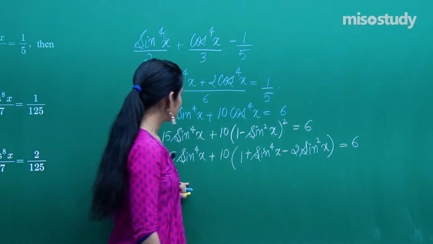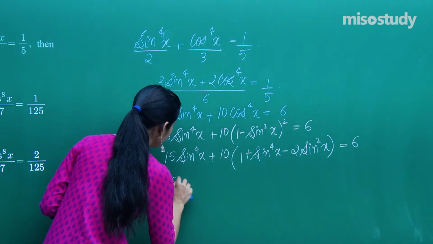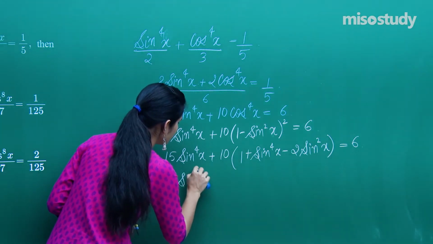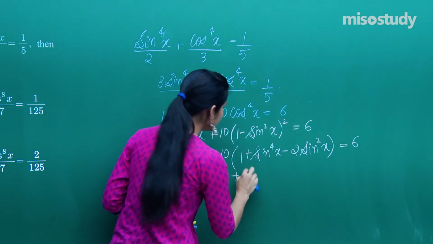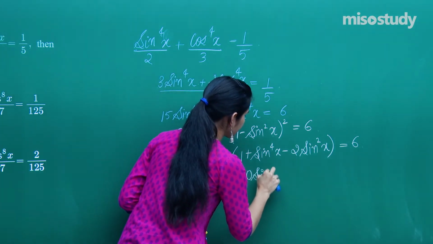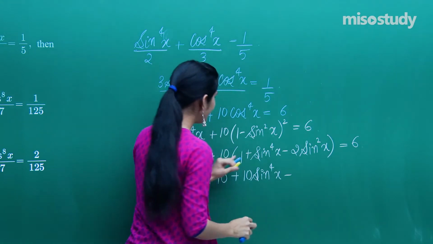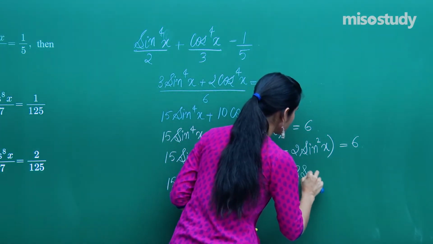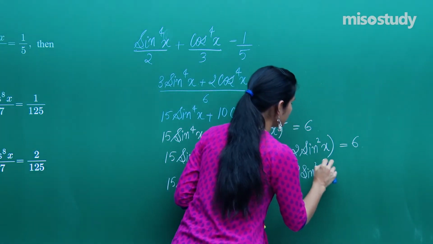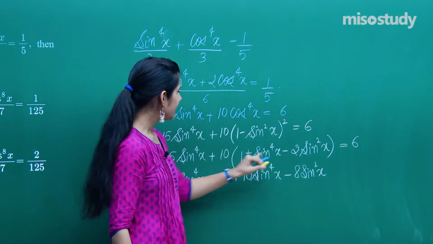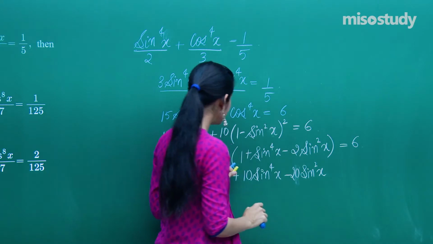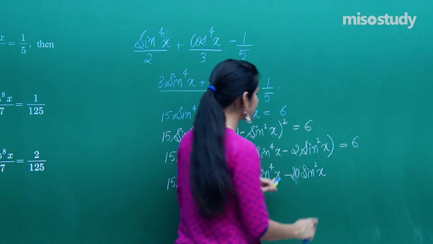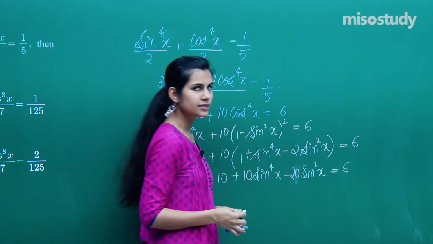Fine. Now, simplify further. You have 15 sine 4x plus 10 sine 4x minus 20 sine square x, right? 10 into 2, that's 20 sine square x equals 6.